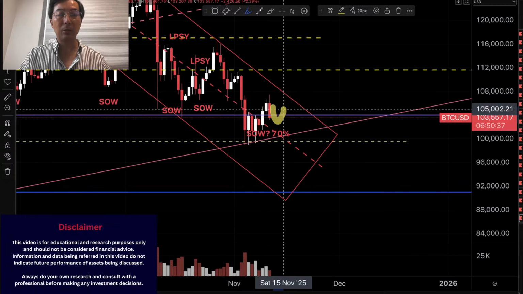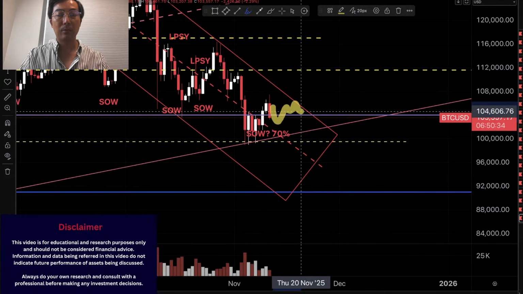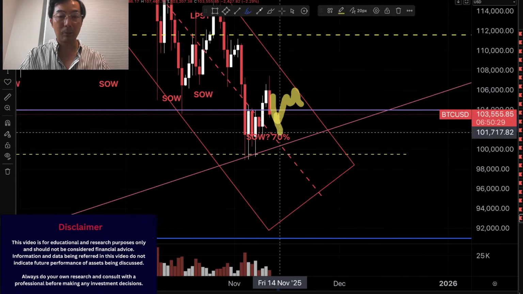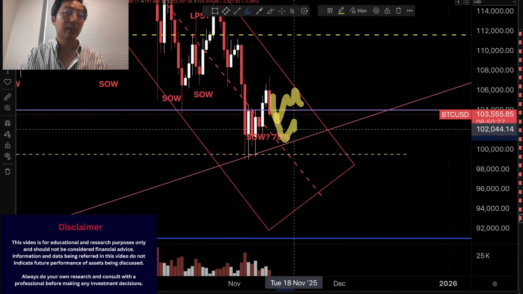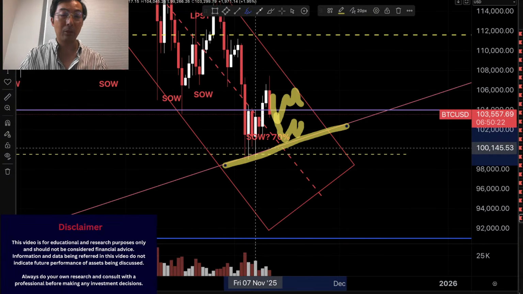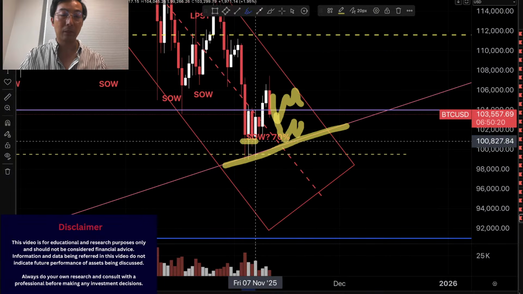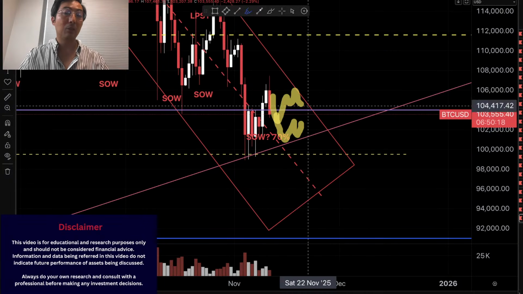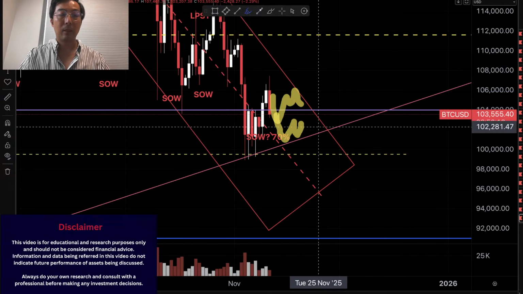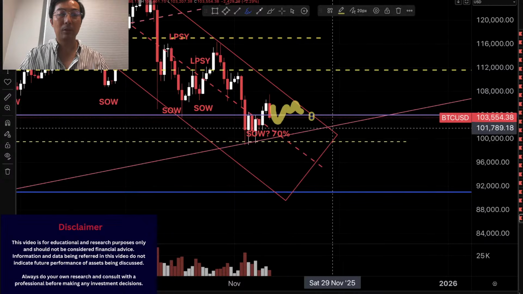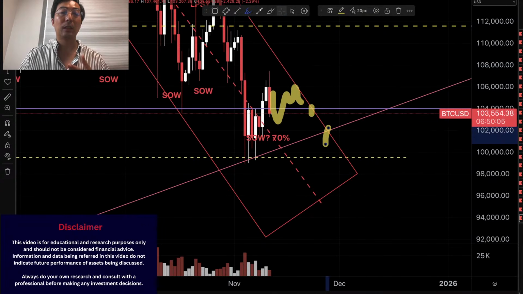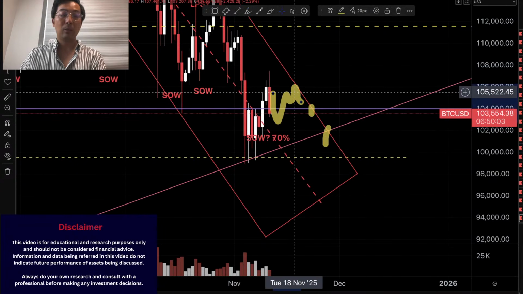If the trading continues within this triangle, or like the case that it is now, that it drops below here but still stays above the pink line, like what it did between November 4th all the way to November 7th, these 4 candlesticks. If it continues to trade within this area, either by November 23rd or November 27th, it eventually has to get to a decision. So what decision is that?